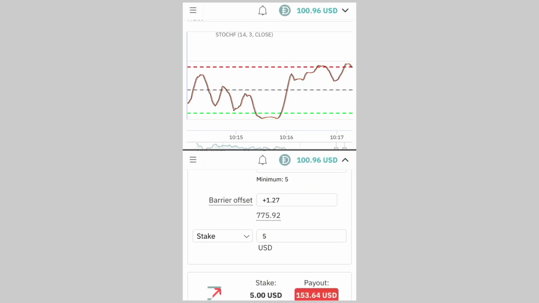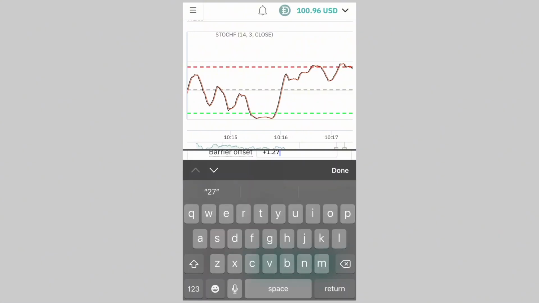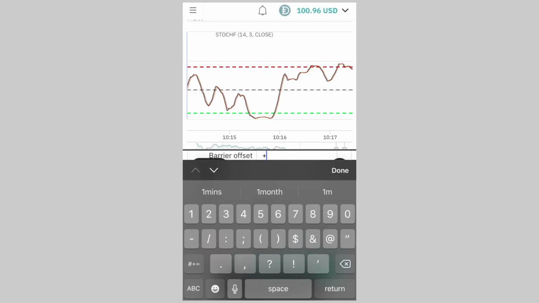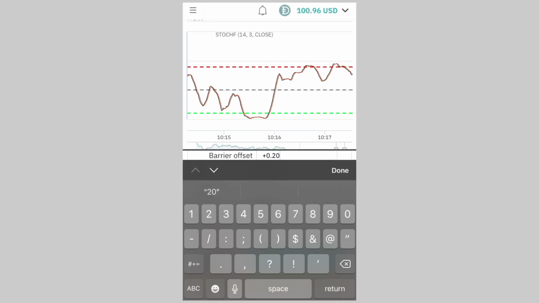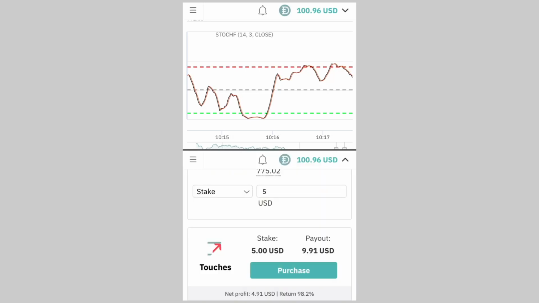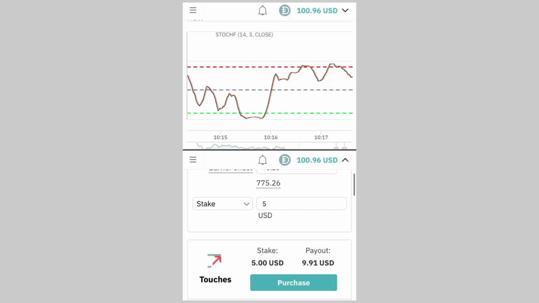Then the barrier offset, you are going to set it on plus 0.20. Once you have done that, your staking amount has to be based on the balance which you have on your account.